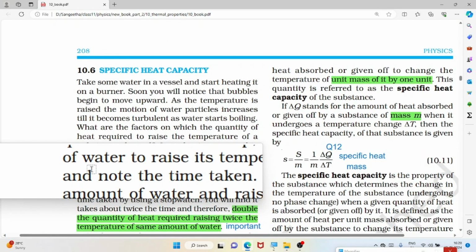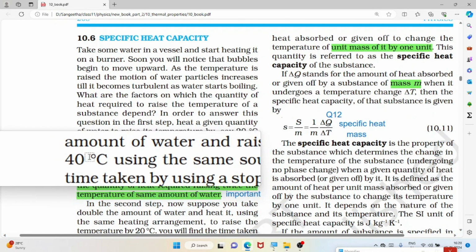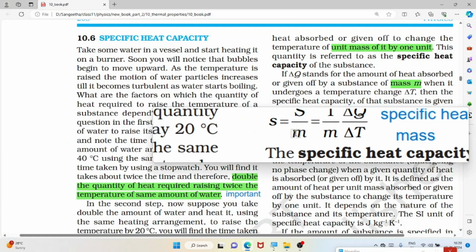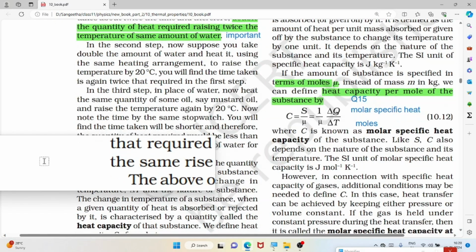So we have a specific heat capacity that depends on the mass. Specific heat, here m, is the heat per unit mass to change the temperature by a unit.